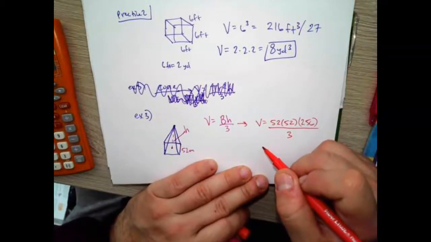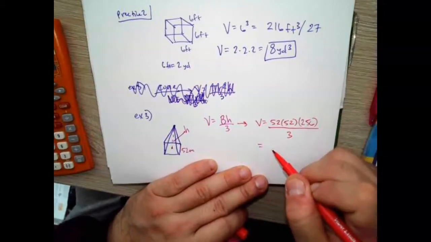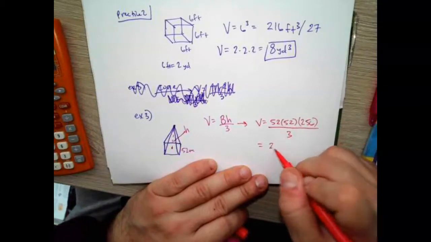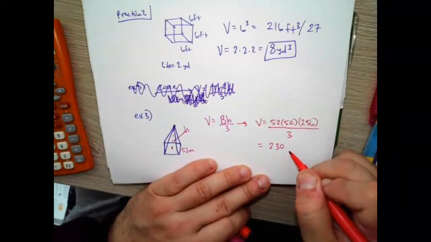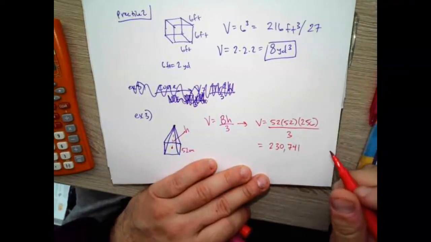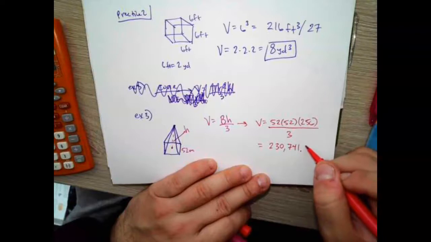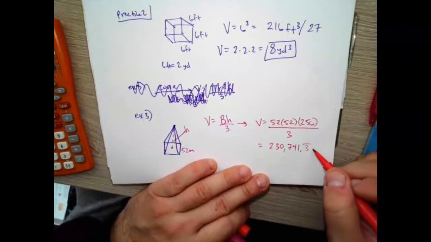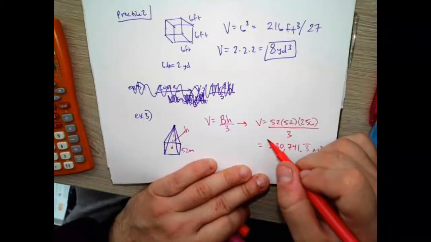So the volume here is 230,741.3 cubic meters. Again, that is volume.